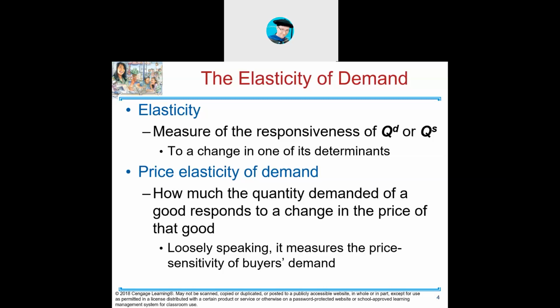So there's elasticity, or responsiveness to change, and one of those changes is price. Price elasticity measures how the quantity demanded of a good responds to a change in the price of that good. In other words, this measures the sensitivity of buyers to the price.